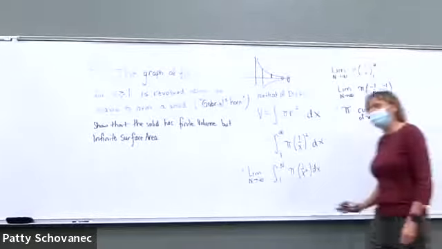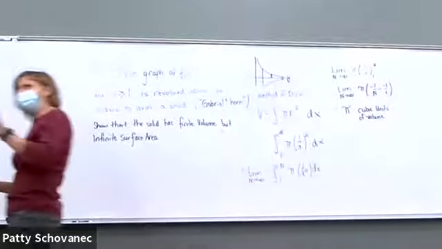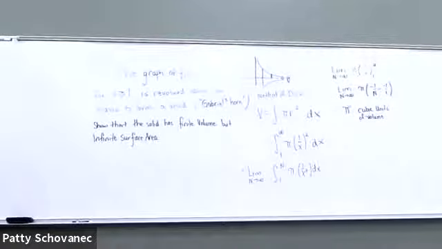Now for the infinite surface area, we skipped the formula in that section that computes the surface area. So you're just going to have to believe me about this formula.